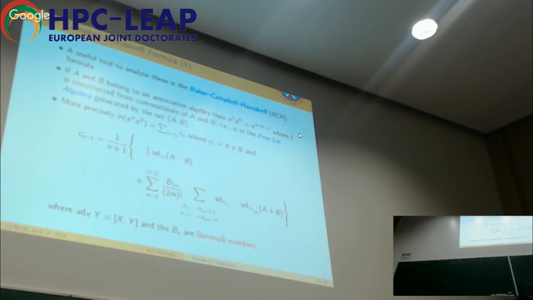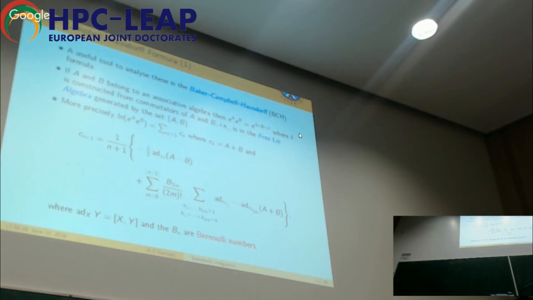And the remaining C's are the commutator terms, and they're defined recursively by this formula. C(n+1) is 1 over n plus 1 times minus a half ad of Cn on A minus B, where ad x of y is just the commutator of x with y. So it's called the adjoint of x, acting on y.